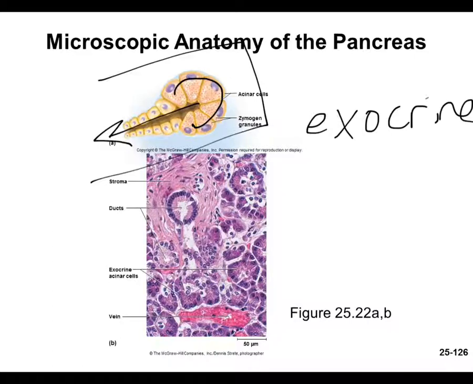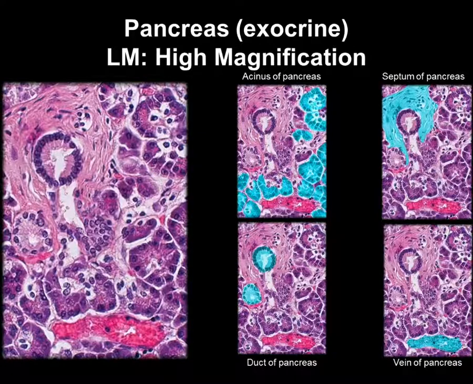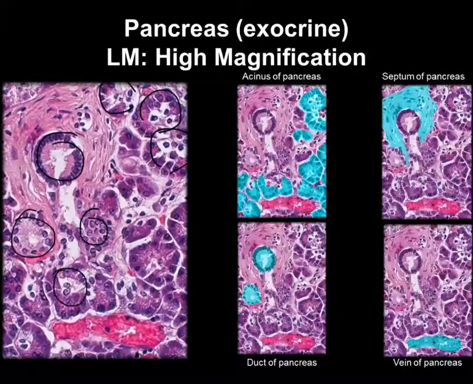So these are exocrine glands within the pancreas. I wouldn't ask you to recognize anything here, but you can see that the pancreas is made up of many of these acinar collections. Again, those are the structures that are making all of the products released through ducts into the duodenum.